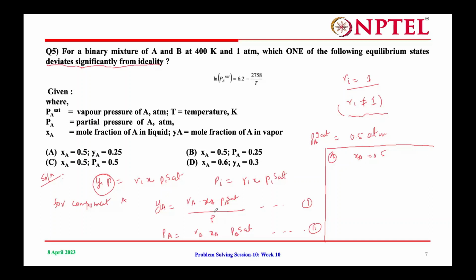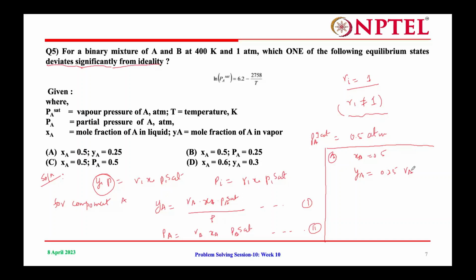Put this x value in this equation. y is equal to 0.25 gamma.